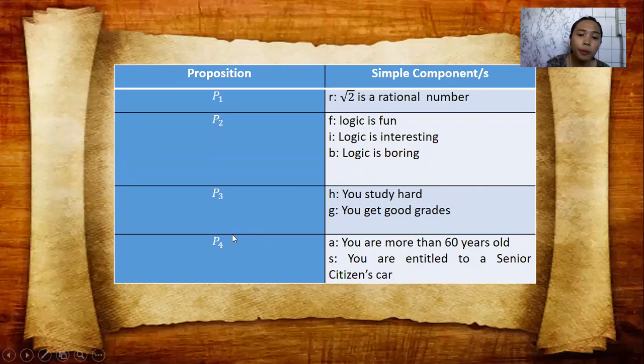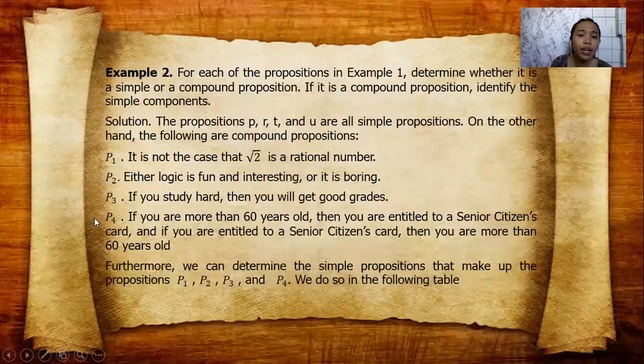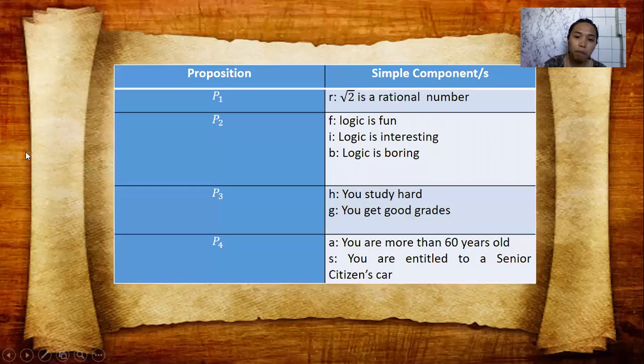In P sub 4 too, we can break down the statement after if and the statement after then, so two propositions: you are more than 60 years old and you are entitled to a senior citizen's card.